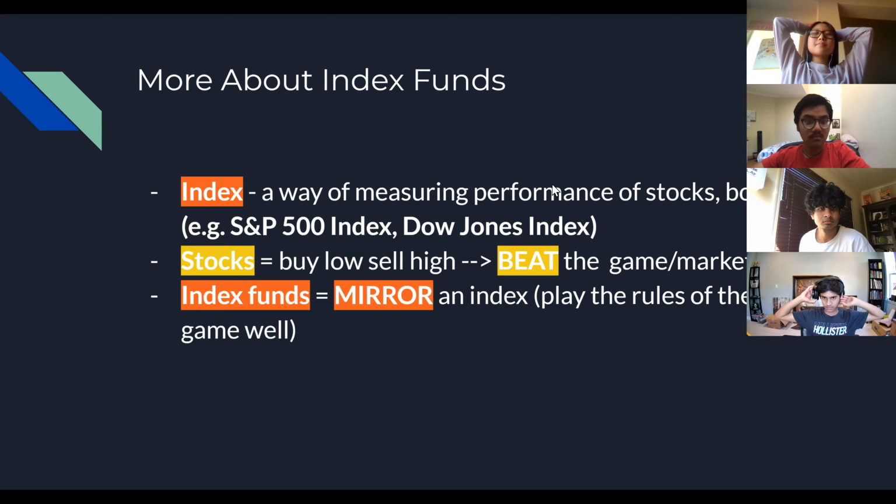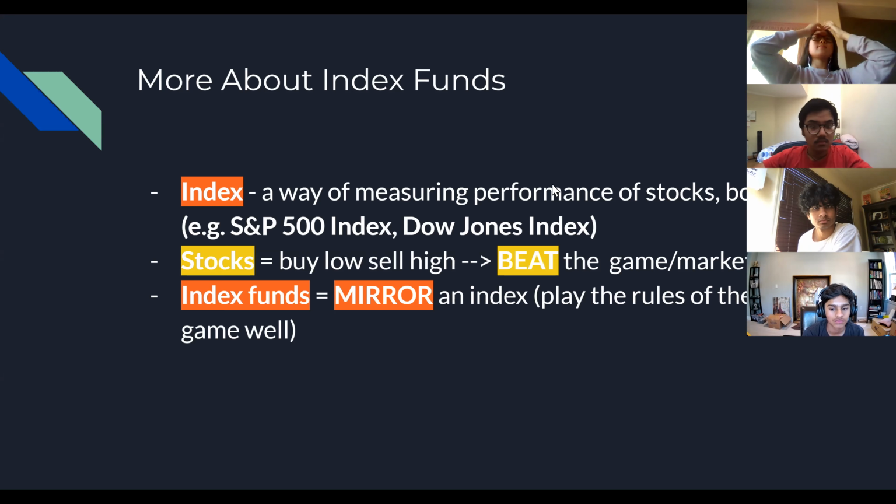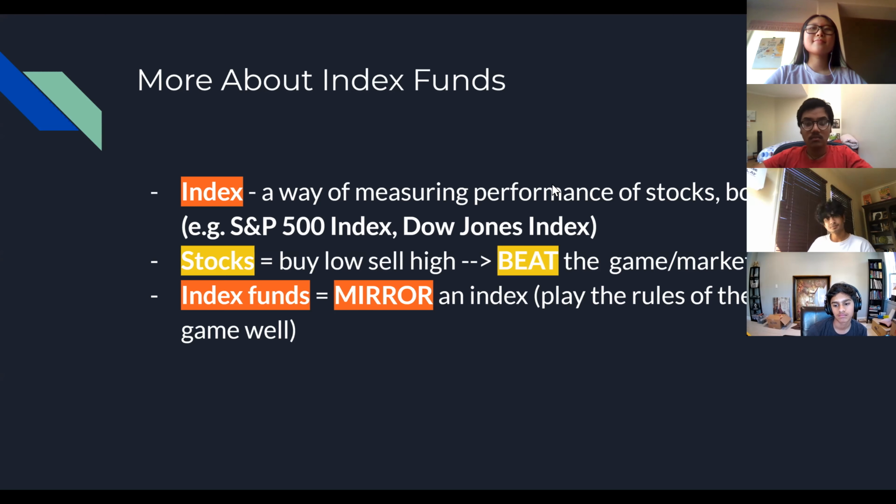But we can't figure out the average of the whole nation's burger prices, right? So how we're going to figure it out is we're going to take a sample of the entire population. We would take 500 different burger prices, and then we would calculate the value using a quantitative average.